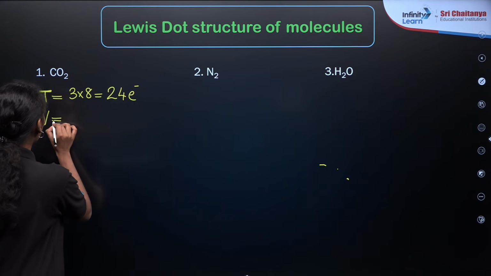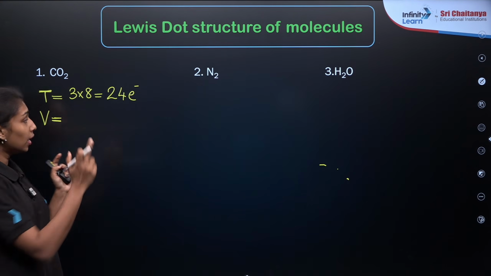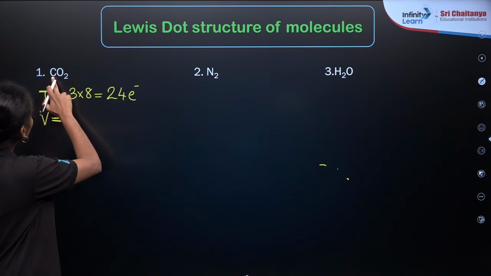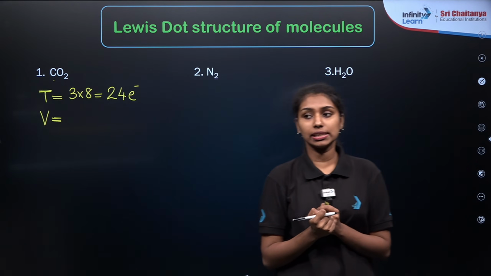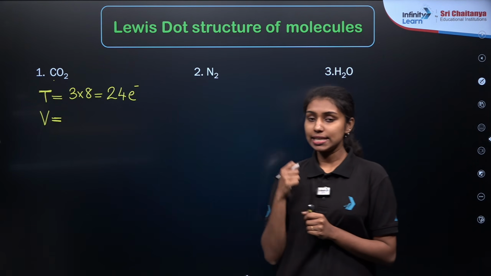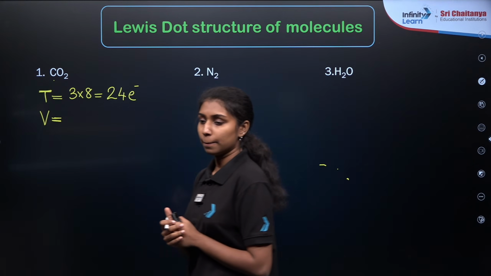Okay. Now let us see how we can identify the total number of valence electrons in the case of combining atoms. In carbon dioxide, carbon is one of the atoms. What is the total number of valence electrons, or the valency, in the case of carbon?